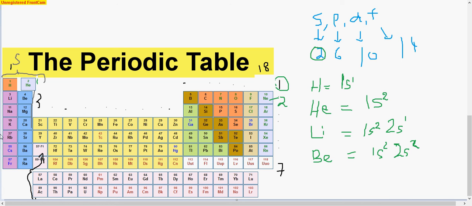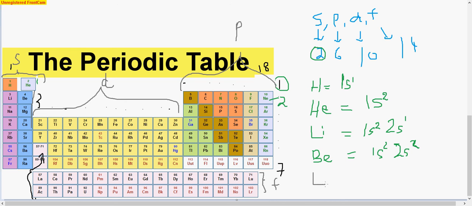These two will have s as their outermost orbital. Then these groups 13, 14, 15, 16, 17, 18 will have the p orbital, and this will have the d, the transition metals, and this will have f.